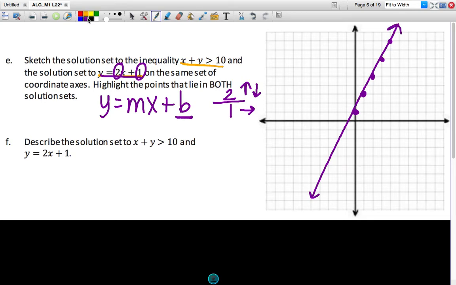Now let's look at the inequality. Again, just like the equations, it has to be in slope-intercept form first. So, how would I get y by itself here? I would have to subtract x. So now I'm left with y is greater than negative x plus 10.